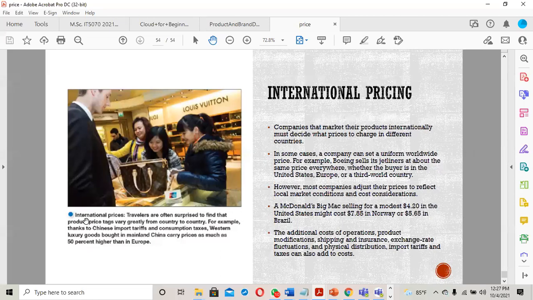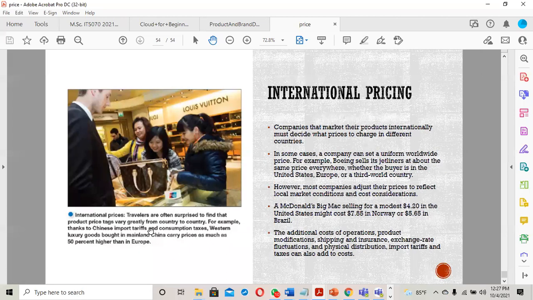Here is an example. Travelers are often surprised to find that product price tags vary greatly from country to country. For example, thanks to Chinese import tariffs and consumption taxes, Western luxury goods bought in mainland China carry prices as much as 50% higher than in Europe.